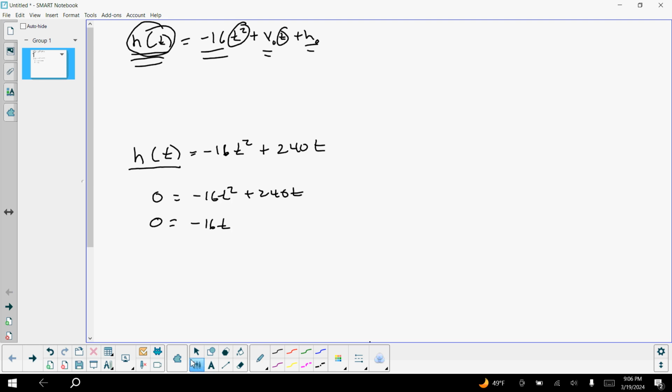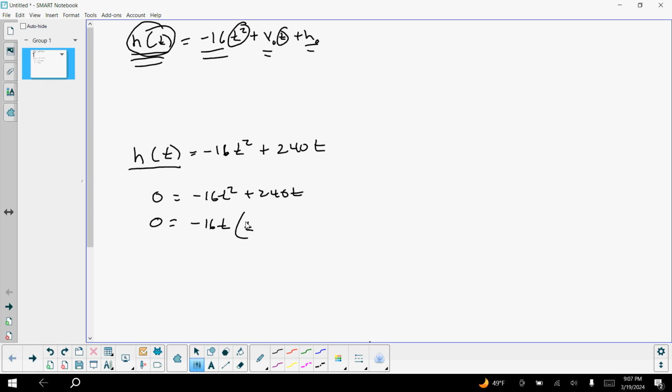Another way of saying it is we're dividing out a negative 16t. When I factor out a negative 16 from a negative 16, I technically get a 1 here. I have t squared divided by t, so I have t left. We had 2 t's, I took 1 t out, and I have 1 t left.